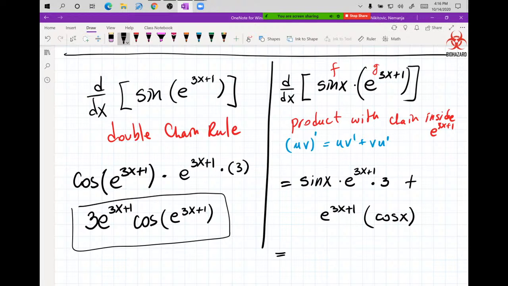We can factor out e to the 3x plus 1, and in parentheses we have 3 sine x plus cosine x. And you can see that it's a vastly different answer, right? Because one was a chain rule, the other one was product rule.